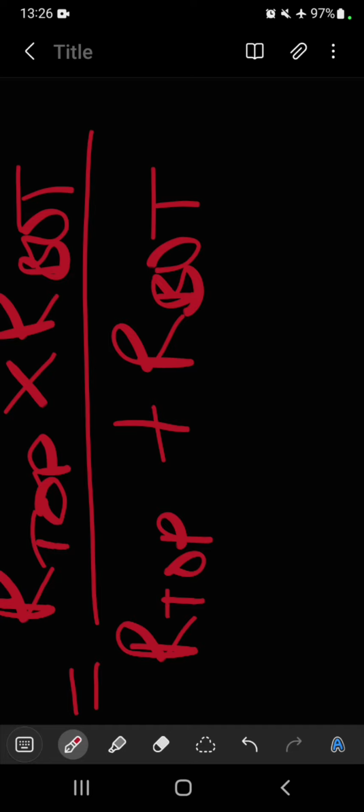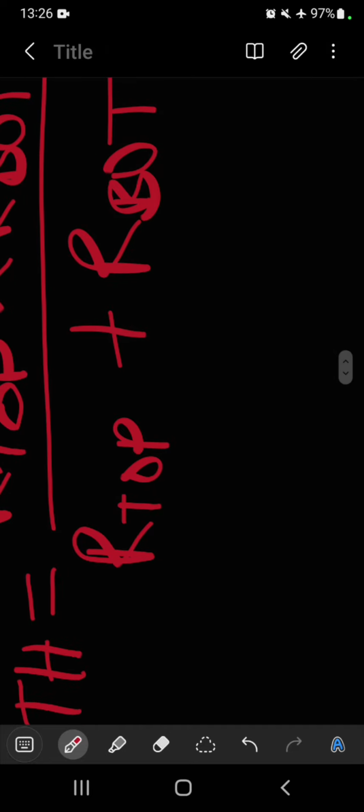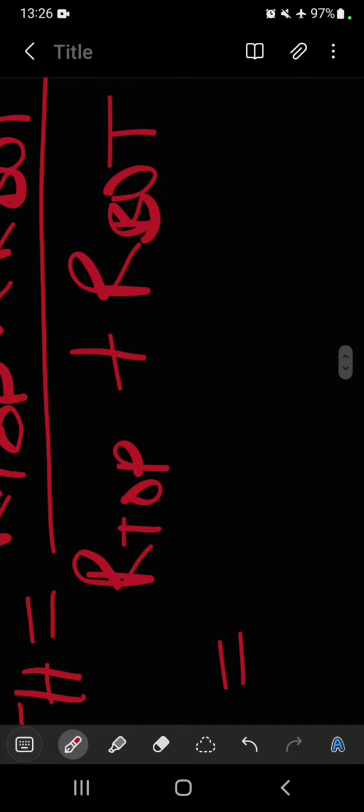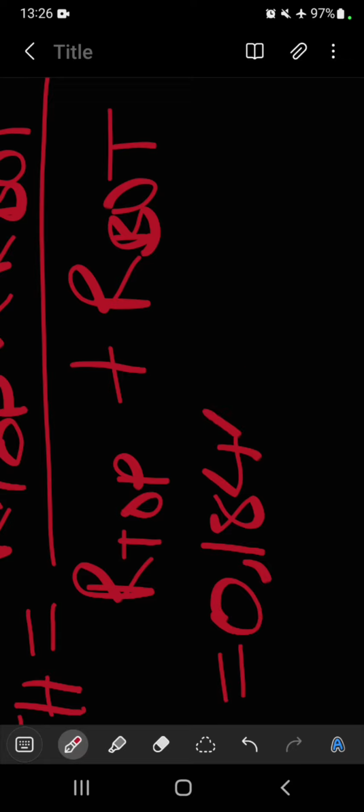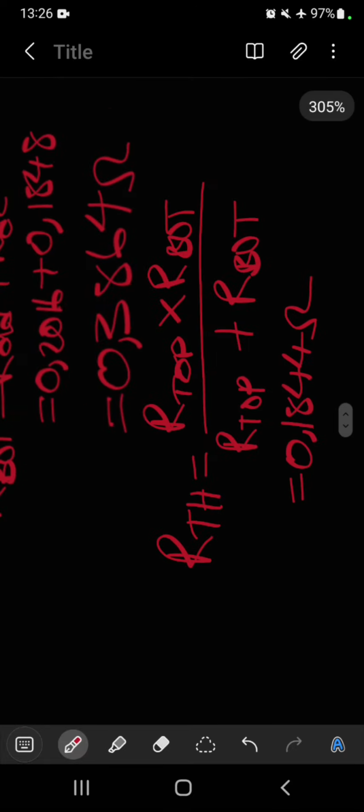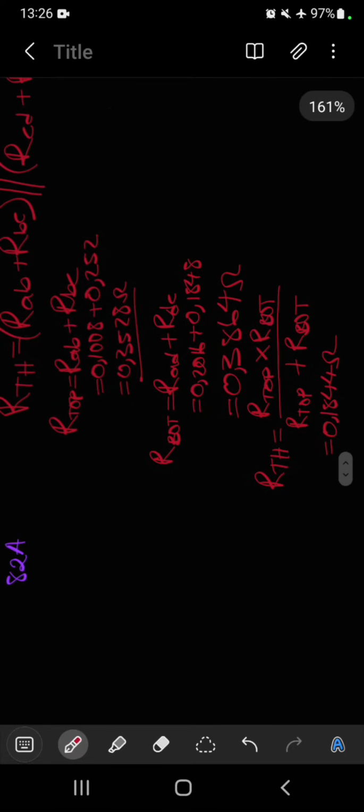I'm not gonna substitute the values, you will do it on your own, but it's gonna give us 0.1844 ohms. I don't know if you will confirm from your side. So now we have VThevenin, we have RThevenin.